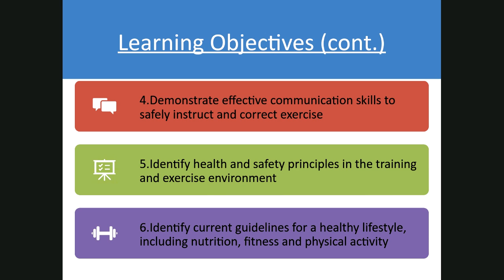Hopefully you too. We're also going to demonstrate good communication skills and instruct people safely. We do this by explaining what we're going to do, then demonstrating it, and then getting the patient to imitate it. We're going to think about health and safety and some contraindications, and also about healthy lifestyle, healthy choices, and physical activity.